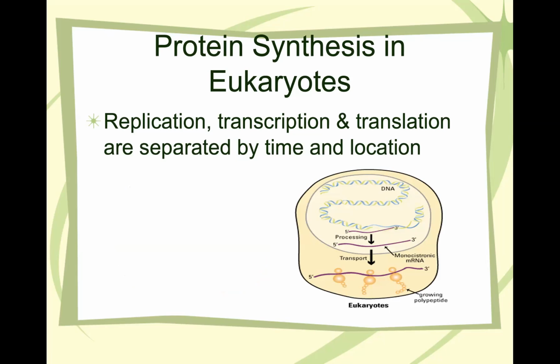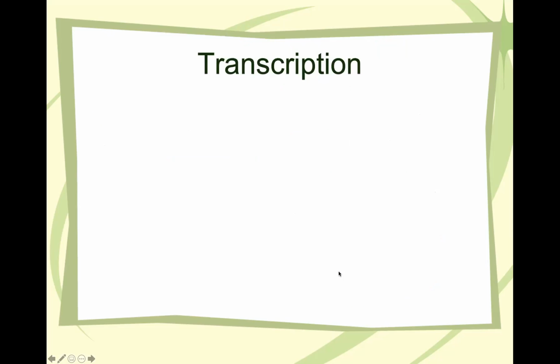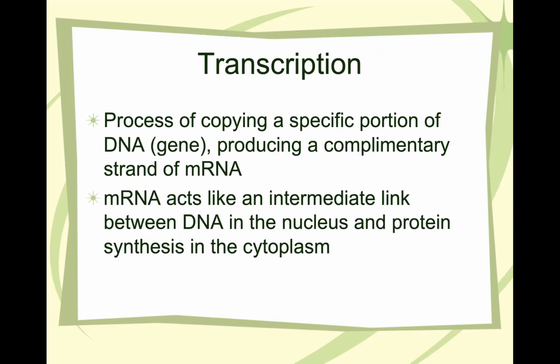Replication and transcription take place in the nucleus of eukaryotes, and the mRNA that is generated in the nucleus will be transported out of the nucleus and into the cytoplasm, where it has access to ribosomes for the second part of the process. Translation occurs on the ribosomes, and we've got this growing polypeptide chain where our transfer RNAs are bringing in our corresponding amino acids.